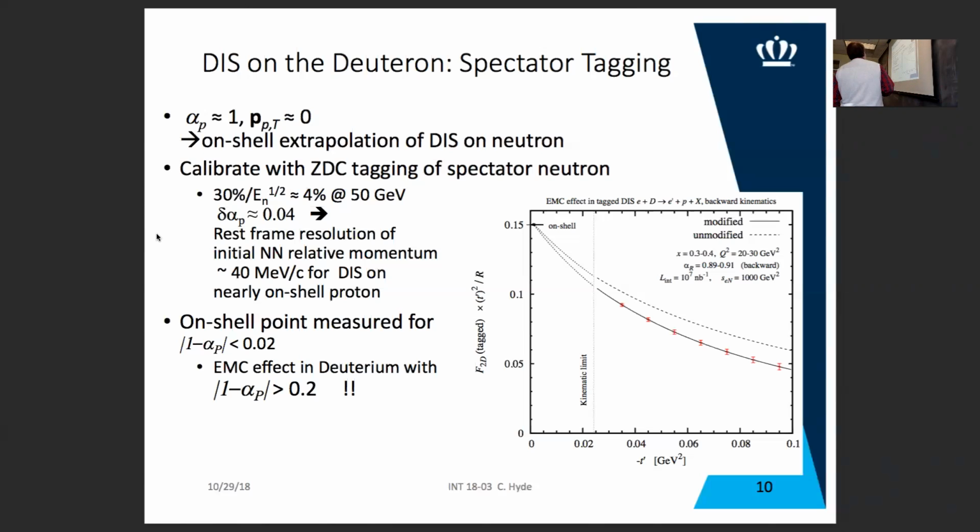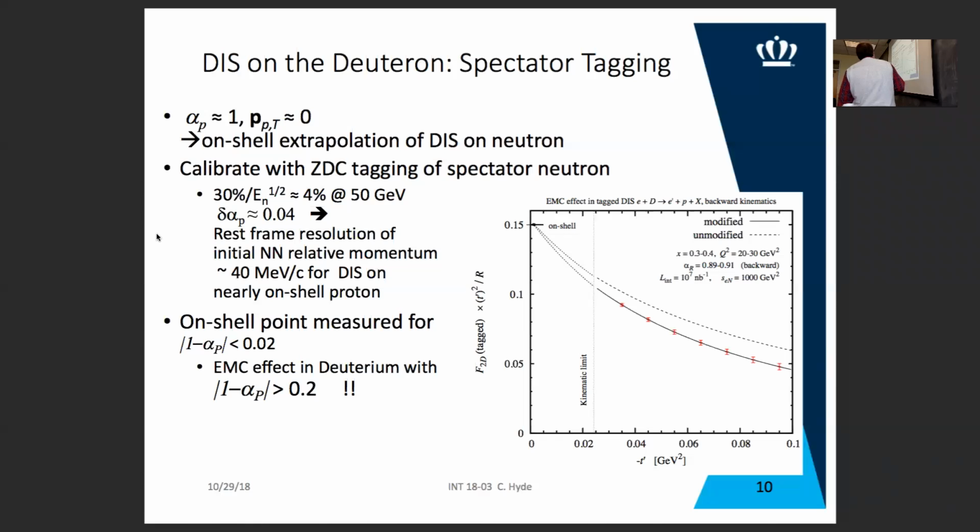So how do we use this to measure it? The dashed line is a representation of the measurement you make at very small alpha, alpha very close to 1. It goes all the way down to about here, and then you extrapolate to the on-shell point. This is an experimentally determined on-shell point from the previous slide.